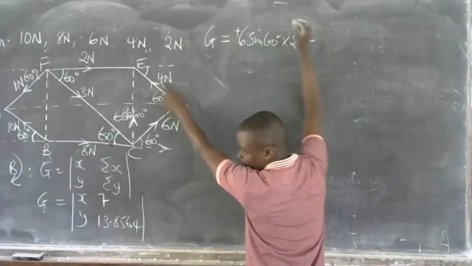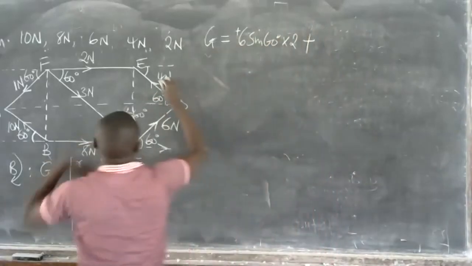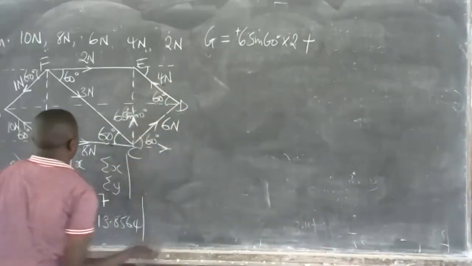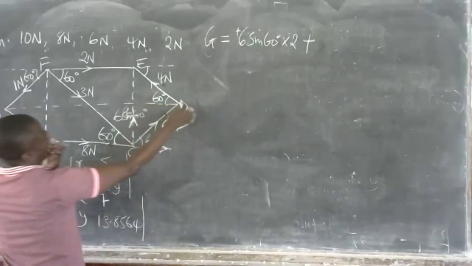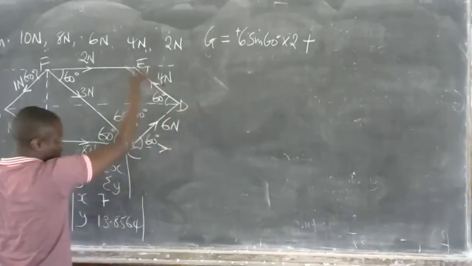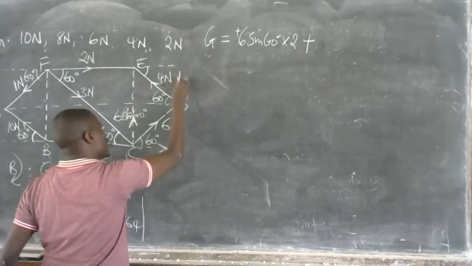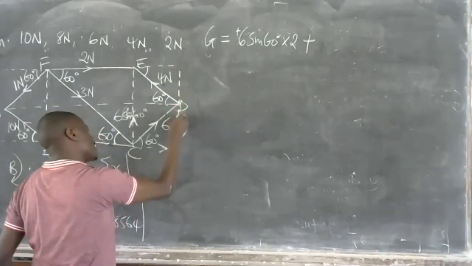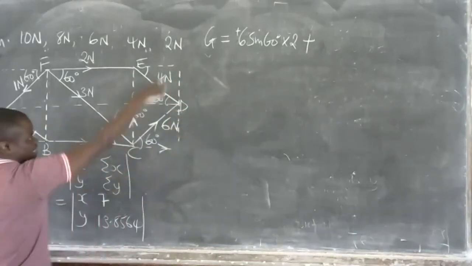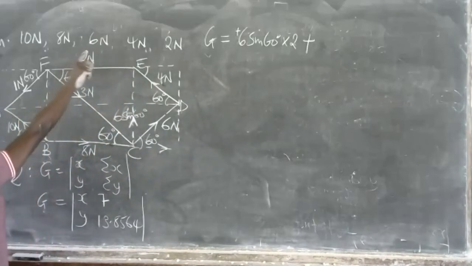So we move to the 4 newton force. Now, someone was asking about this force here. We can resolve it by creating a vertical here, but that is taking a lot of time.